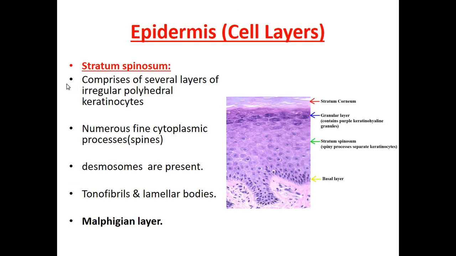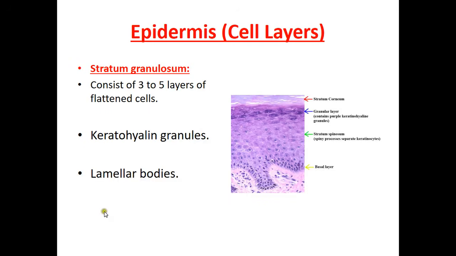Stratum spinosum comprises several layers of irregular polyhedral keratinocytes. Numerous fine cytoplasmic processes are spike-like. Desmosomes are present. Tonofibrils and lamellar bodies are there, and the Malpighian layer is present as well. Stratum granulosum consists of 3 to 5 layers of flattened cells with keratohyaline granules and lamellar bodies.